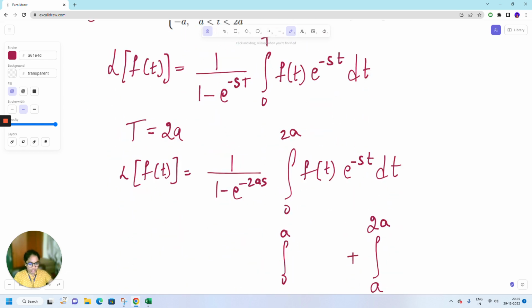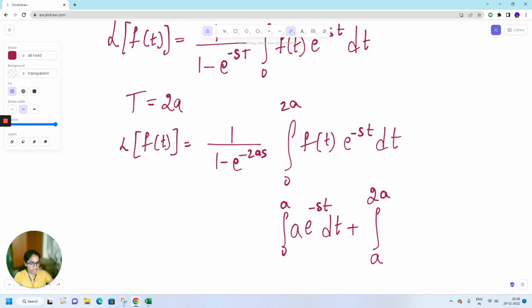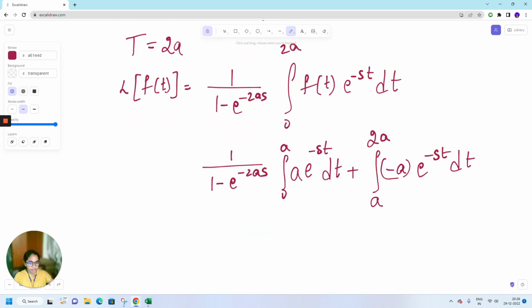So I'll write it as a e power minus st dt. Now, from a to 2a, what do we have? From a to 2a, f of t is minus a. So that would be minus a e power minus st dt. So here I would have 1 divided by 1 minus e power minus 2as as it is.